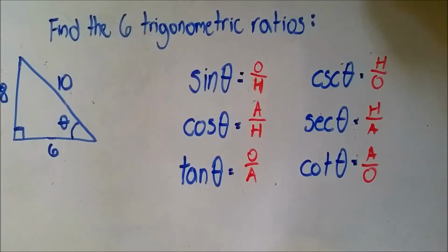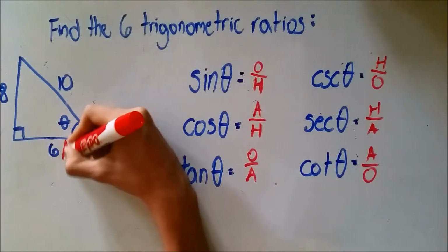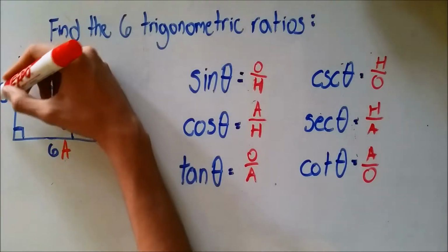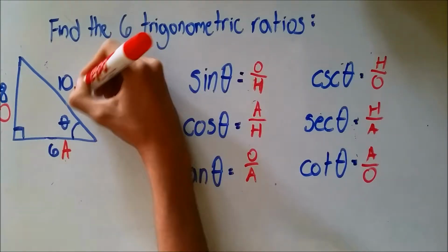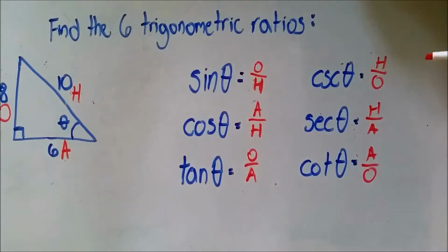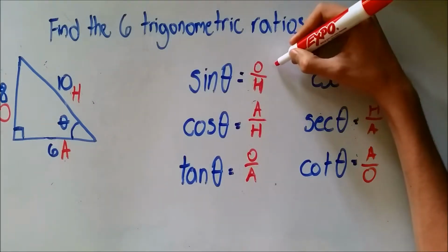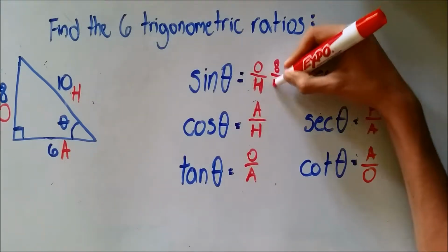We are now going to identify the six trigonometric ratios for a given triangle. First, we need to identify what each line in the triangle is. So the 6 is going to be our adjacent line, the 8 is going to be our opposite, and the 10 is going to be our hypotenuse. So for the sine function, we will have 8 over 10.